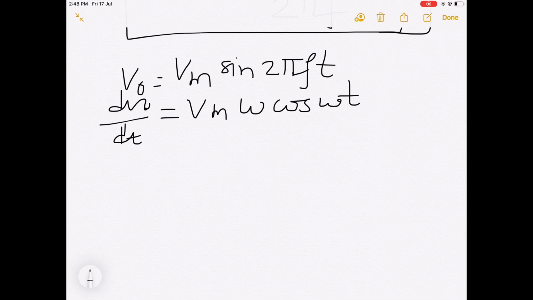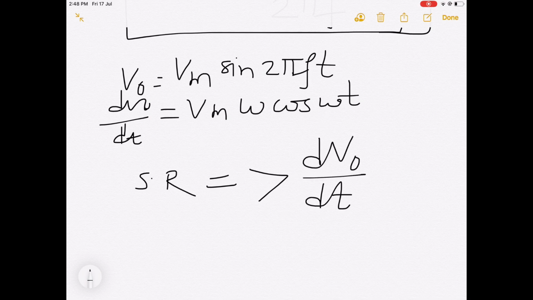To realize an undistorted output, the slew rate must be equal to or greater than dVo by dt. From this condition we can conclude that the slew rate must be equal to or greater than dVo by dt at maximum voltage.